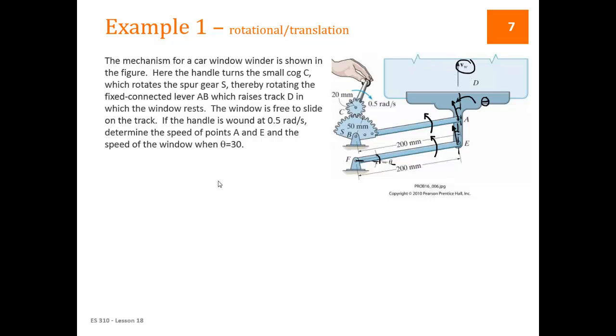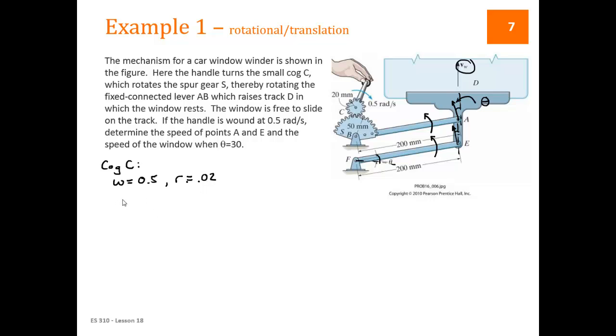So let's take a look at cog C first, which is this little gear here. Cog C has an angular velocity, omega, of 0.5, and it has a radius of 20 millimeters, or 0.02.